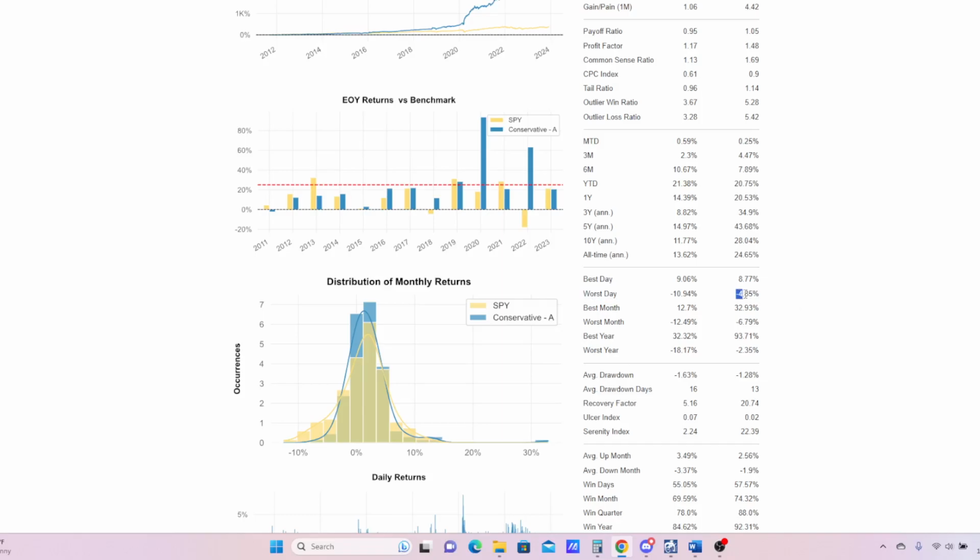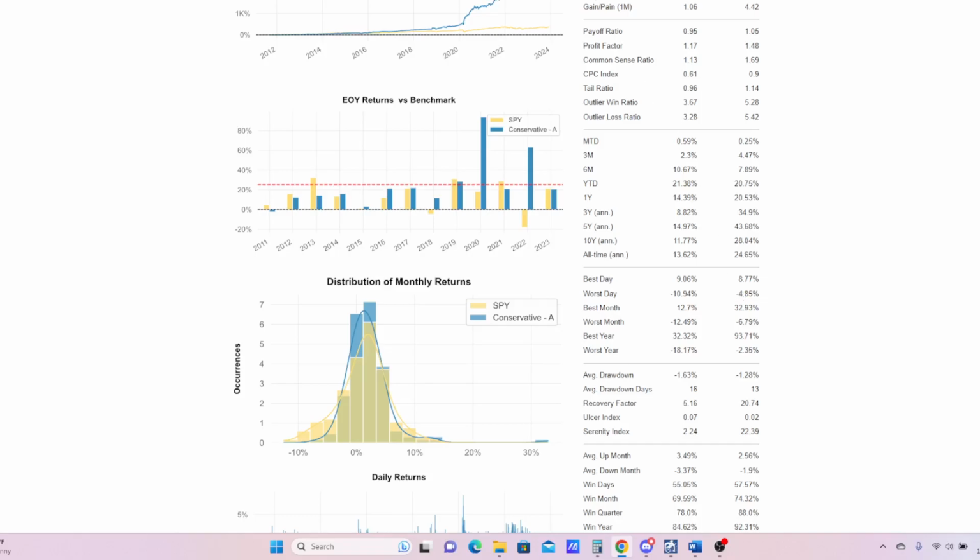I look at the worst day because I'm trying to define what my risk is going to be for this Symphony. Since 2011, this Symphony had its worst day of minus 4.85%. If it has another negative 4.85% day, I only want that to result in a 1% loss on my total account.